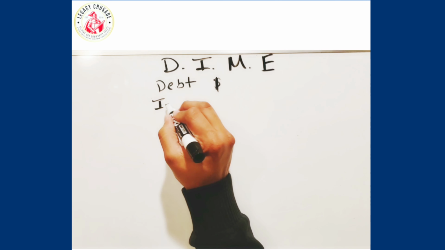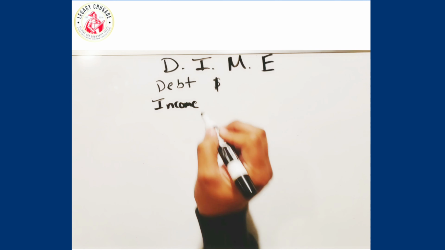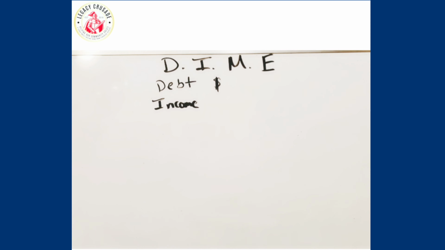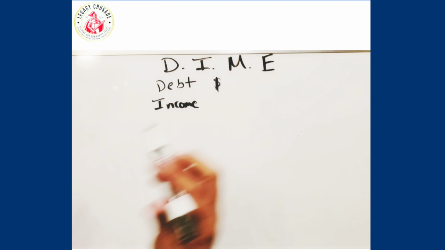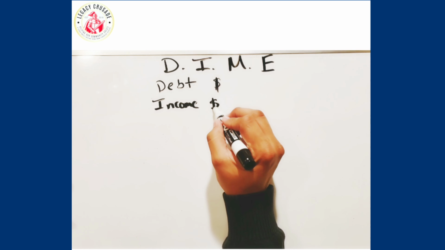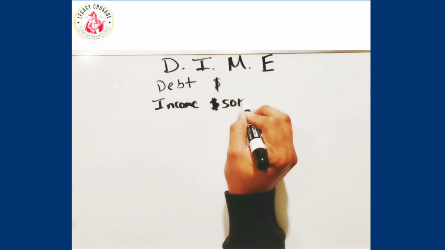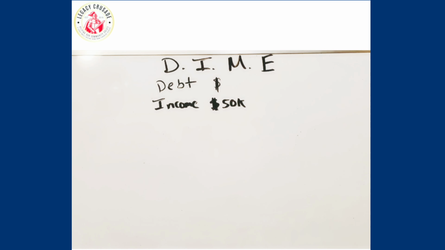Your income. So income to me is, if you have small children, figure out how many years of your income you want to leave behind. So let's say that you're a father and you make $50K a year, and you say, you know what, I want to leave behind $50K a year for my baby, who is, let's say, 5 years old, and I want to leave this till she's 18.